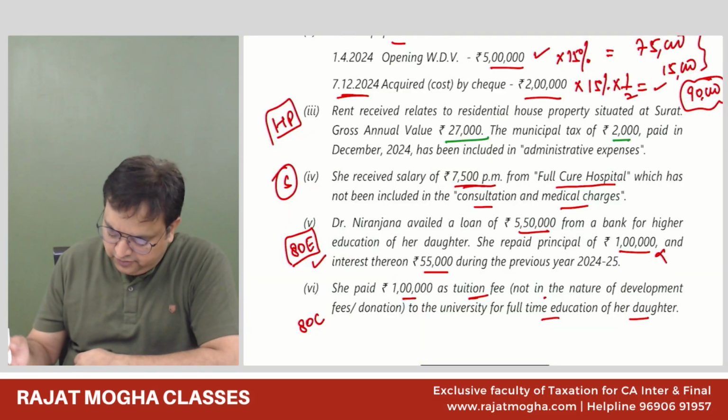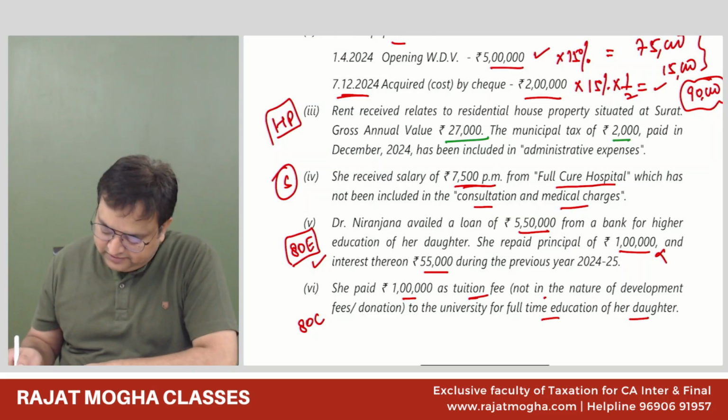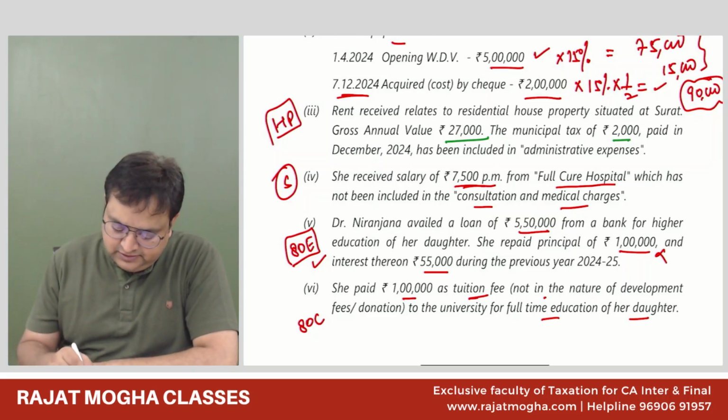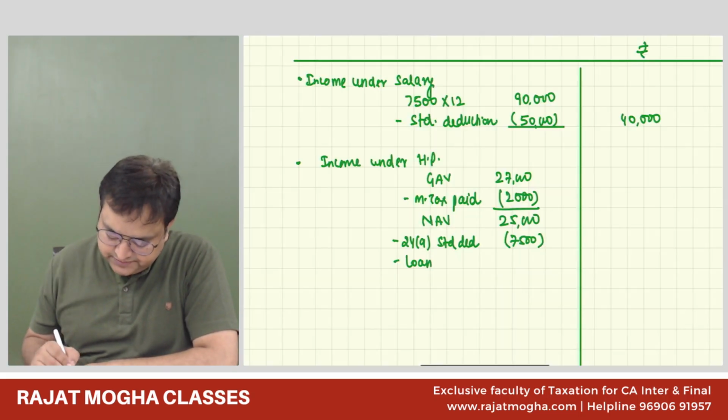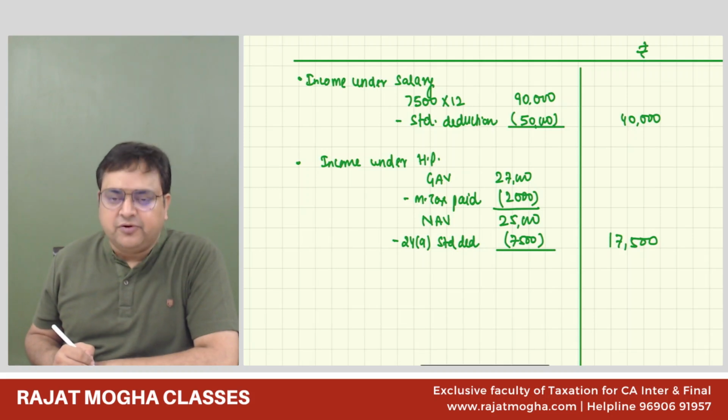But the loan was not for the property, it was related to education. So there was no loan as such. So the house property income would be 17,500.